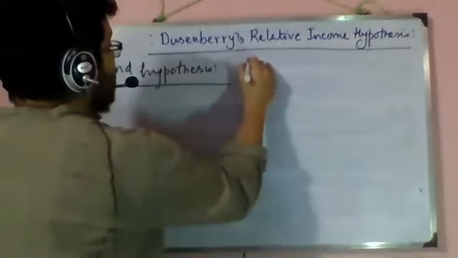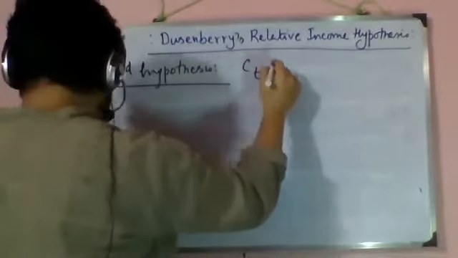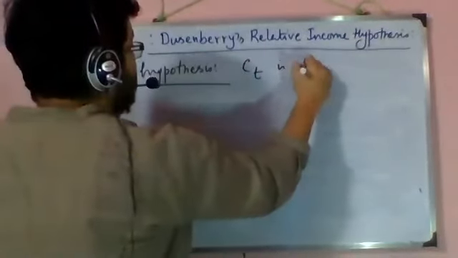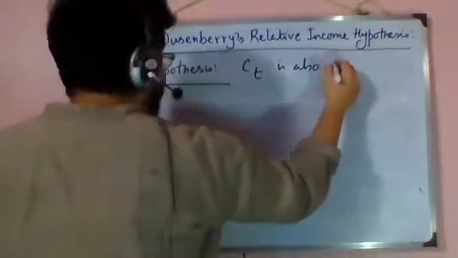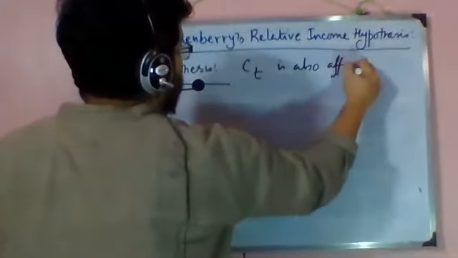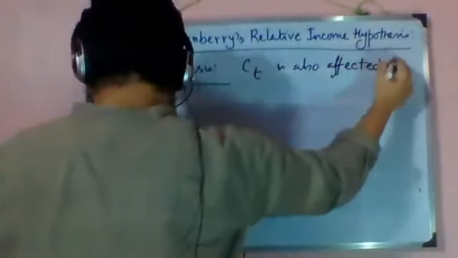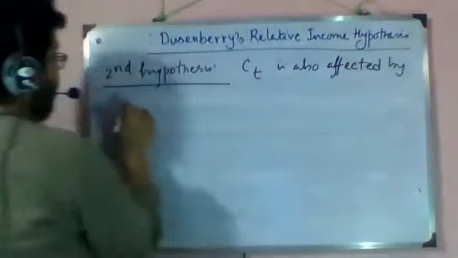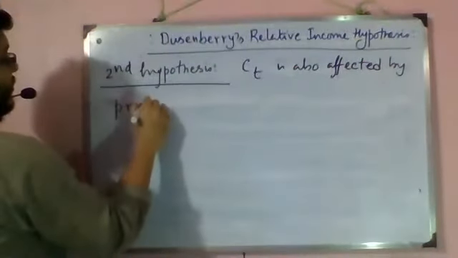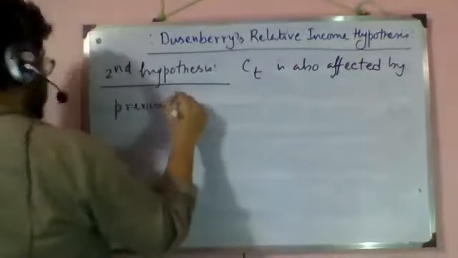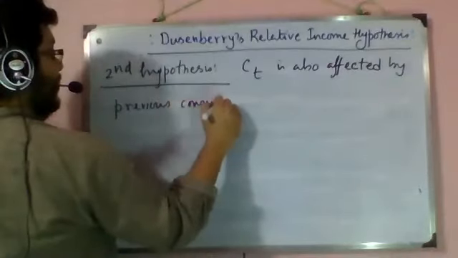So what does it say? CT, that is our current consumption, CT is also affected by previous consumption levels.